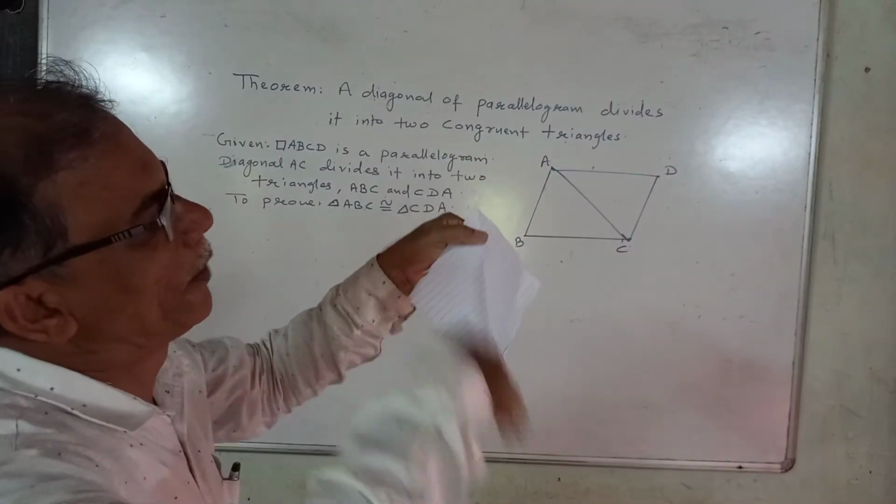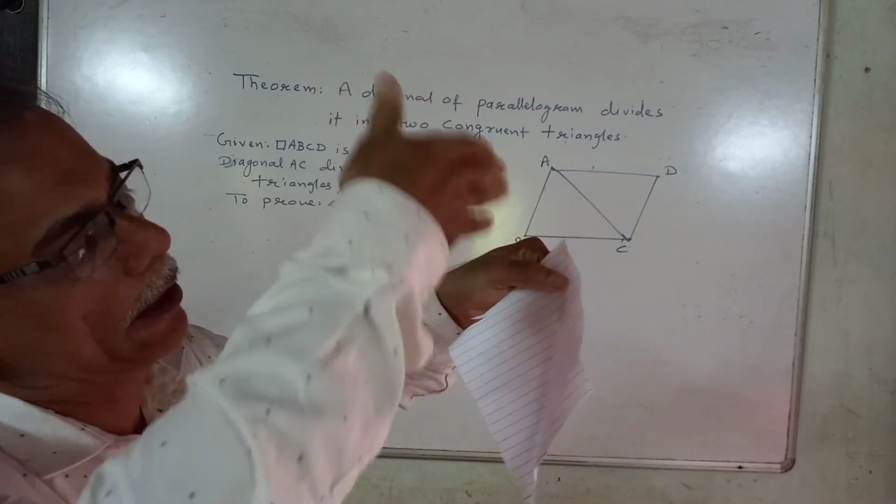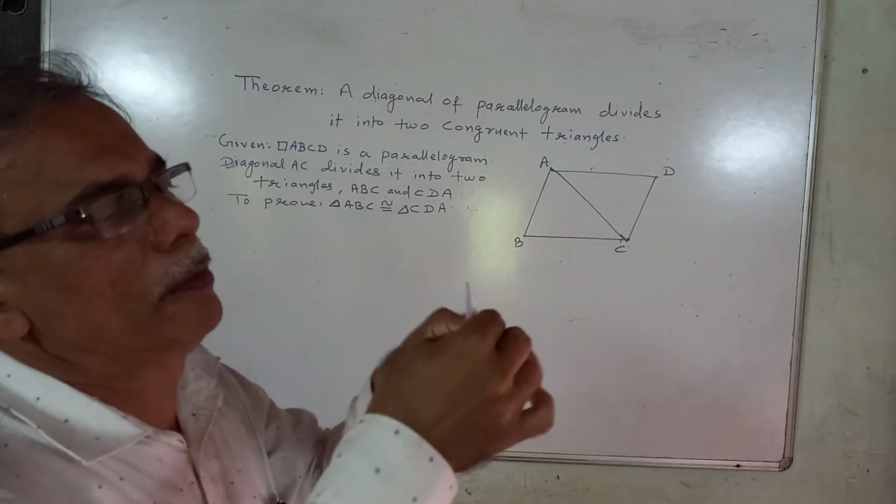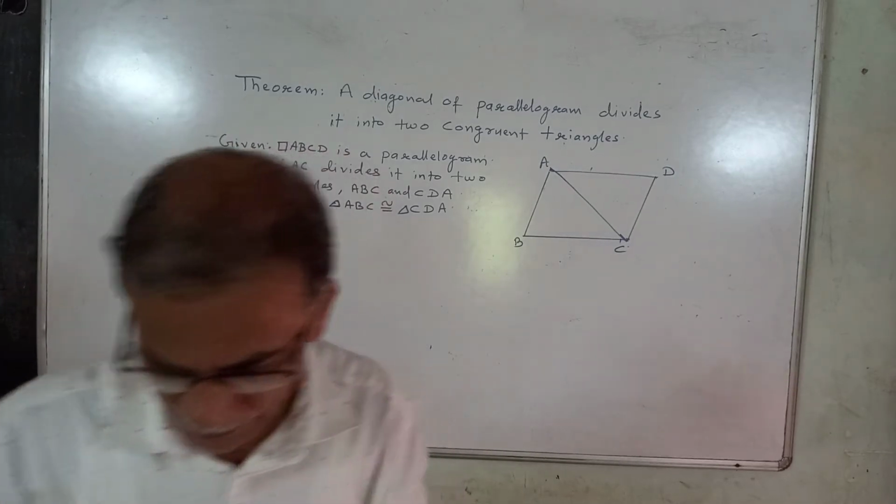along the diagonal. I shall cut this paper along the diagonal, okay? So that we will get two different triangles. Now see.